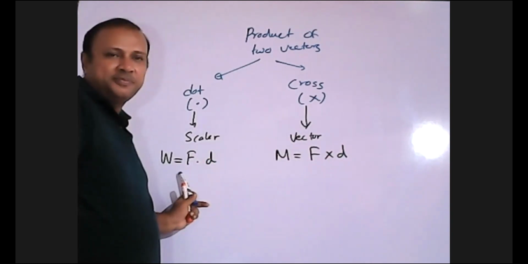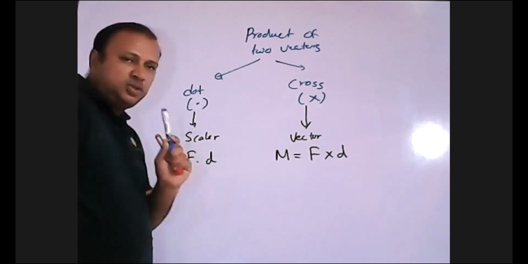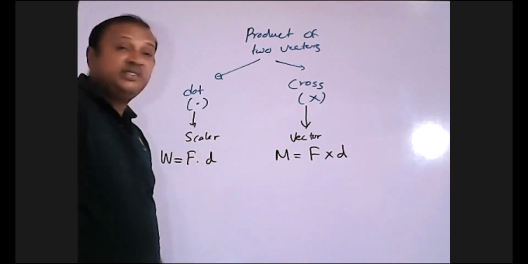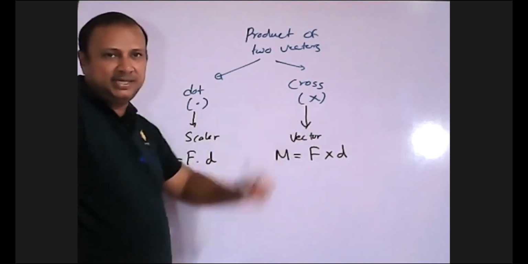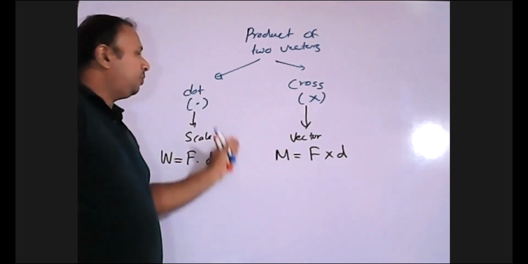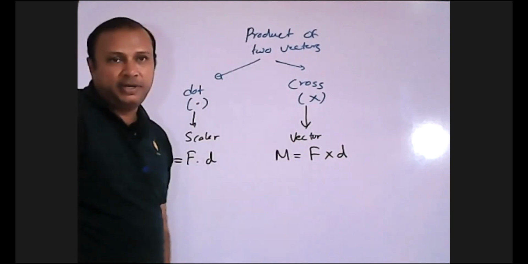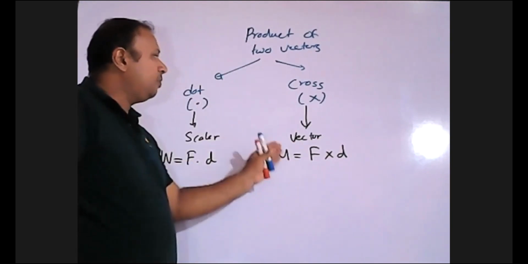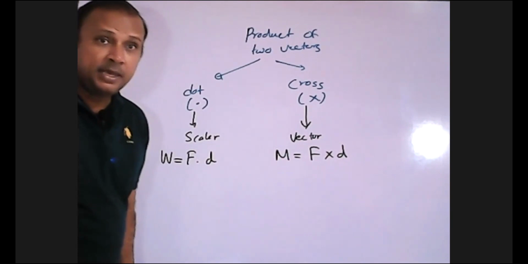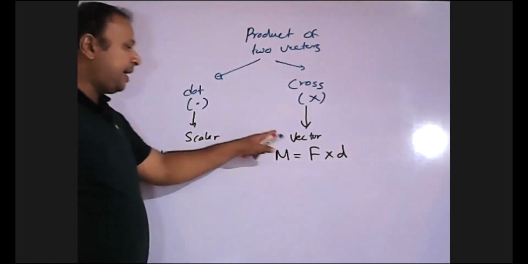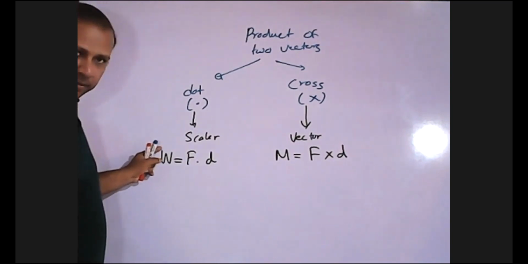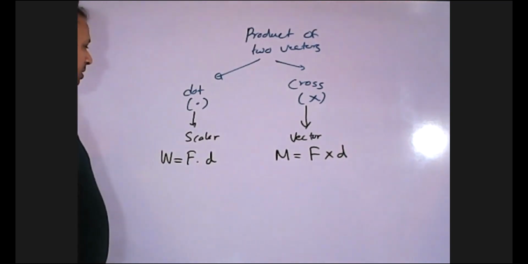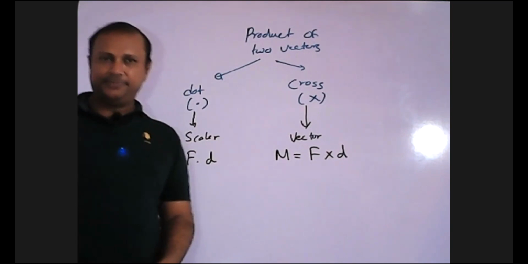We have multiplied two equal physical quantities, but using two methods: the first is dot product, the other is cross product. If we multiply using cross product, we will have a vector. If we multiply using dot product, we will have a scalar.